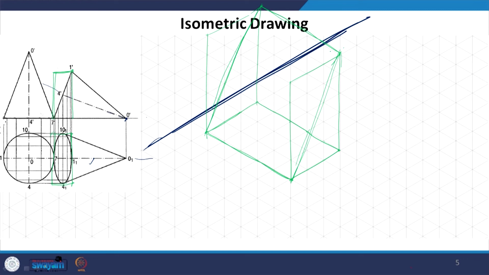So, this is where one of your points is going to come. This is approximately where your middle points on this are going to come, and approximately here we arrive at the projection of this base, and this is approximately what you will see.